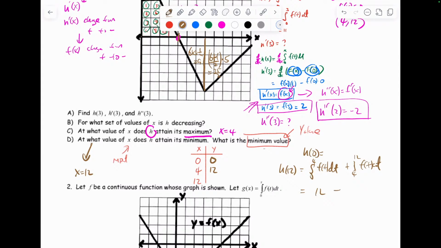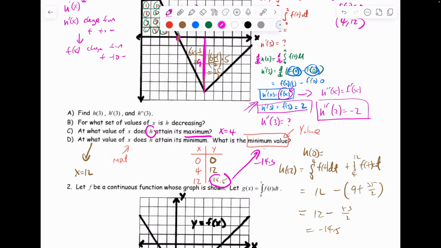So that means it's going to be minus 9 plus 35 over 2. So it will be 12 minus 53 over 2, which ends up being negative 14.5. So negative 14.5 is your minimum value. The 9 is basically from a triangle, negative 9 actually.